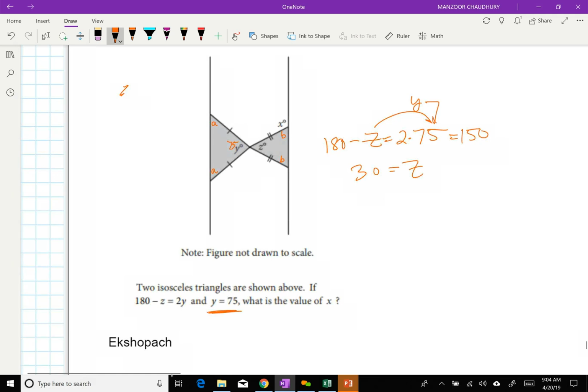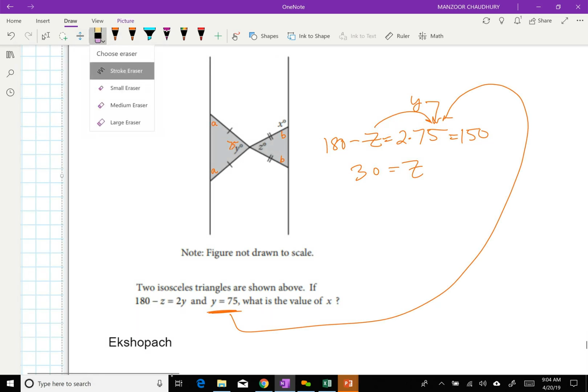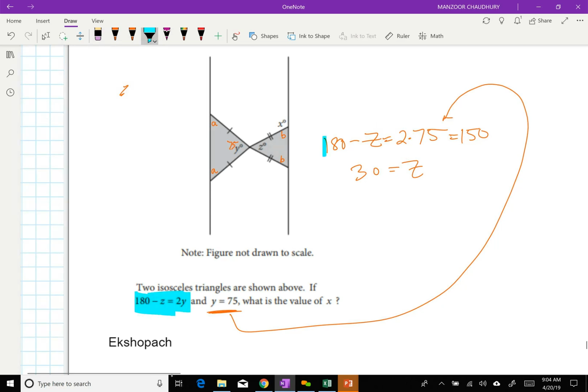That y was 75, not for z, right? We don't know z at the beginning, but because we use this y in that equation, we do this. Oh, I see. You're doing this one. Yeah, and then z equals 30.